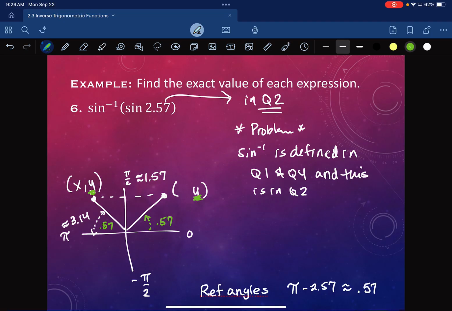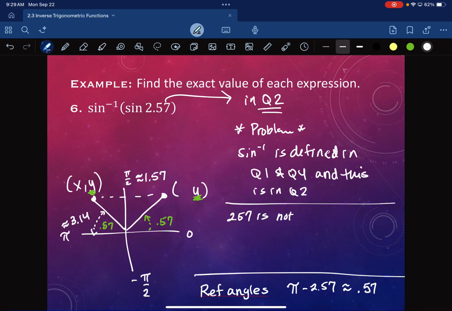So what's it matter? What we're actually doing is reflecting back into the quadrant that we're supposed to be in. To do inverses the way we're supposed to, it has to be quadrant 1, because that's going to give me exactly the same sine value. So here's the way this looks. I'm kind of all over my board, I apologize for that. 2.57 is not less than or equal to pi over 2.